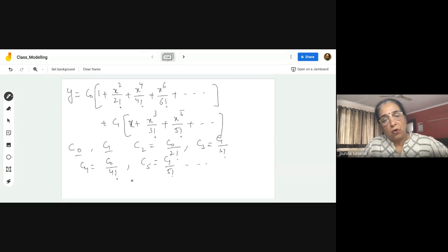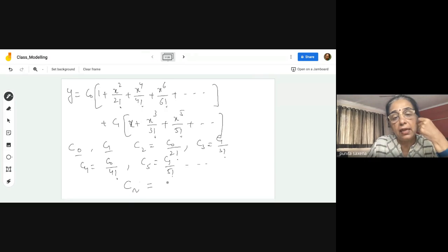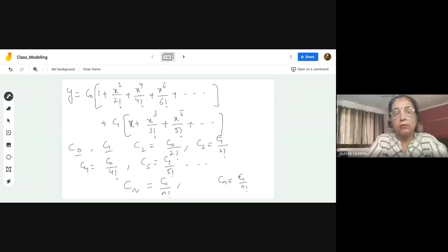What we observed was that the coefficients behaved differently for odd terms and for even terms, right? But when we have to generalize, I cannot say Cn, right? Because my n will vary. So instead of saying Cn is C naught by n factorial when n is even, and Cn is C1 by n factorial when n is odd, we do not say like that.